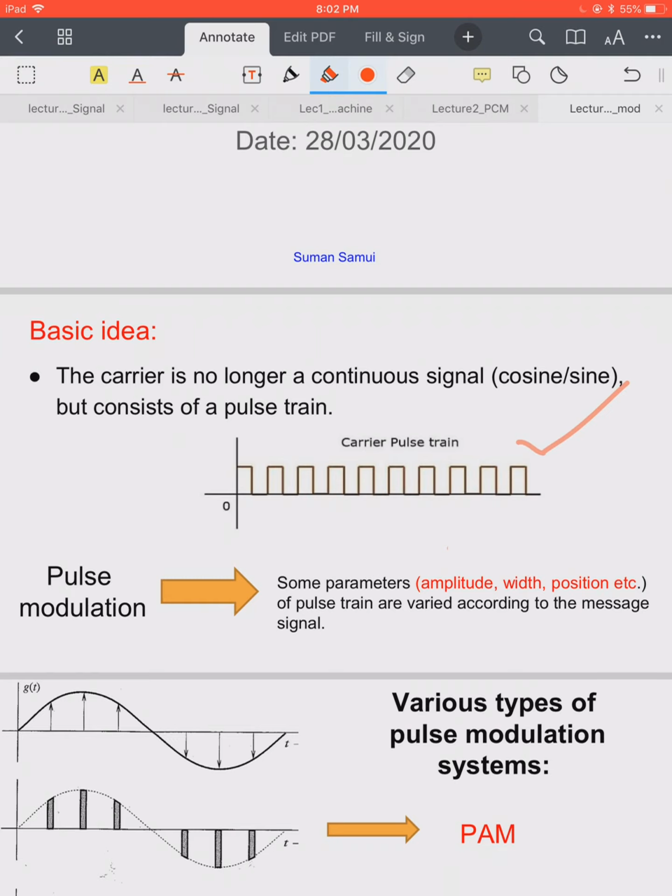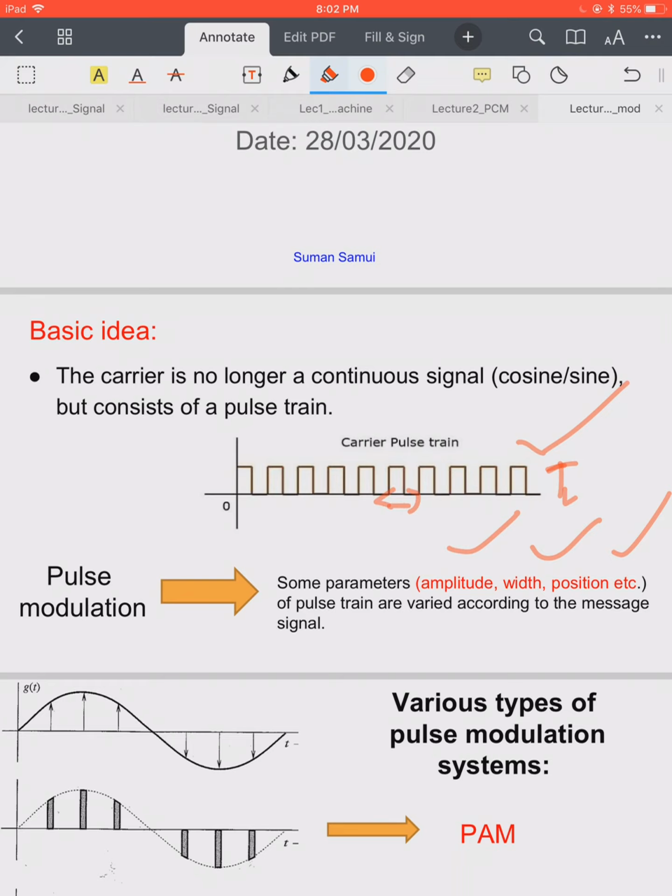We are going to modulate some parameters of the pulse train, which will be varied according to the message signal. And what are the parameters? Parameters are amplitude, width and position. This amplitude, this width and the position of the pulses will be varied or modified according to the message signal.